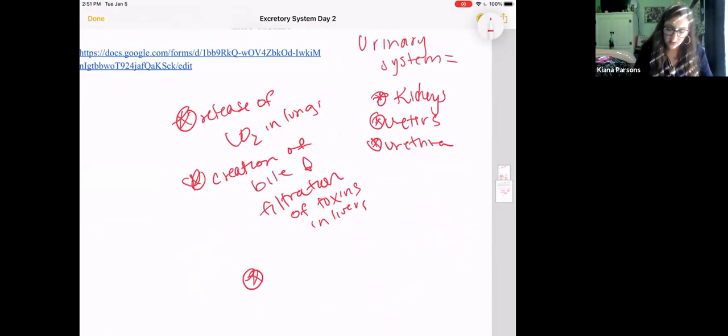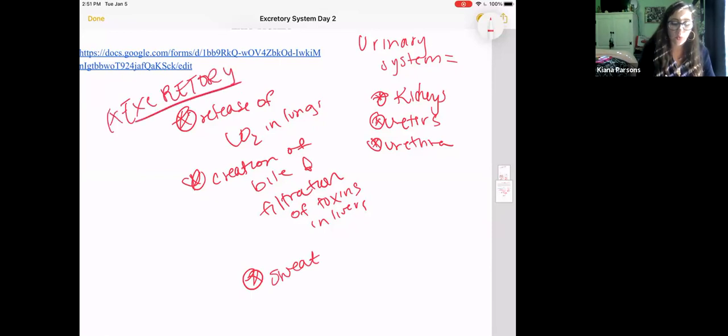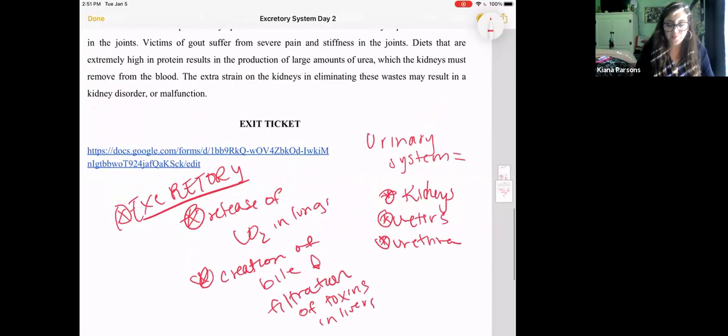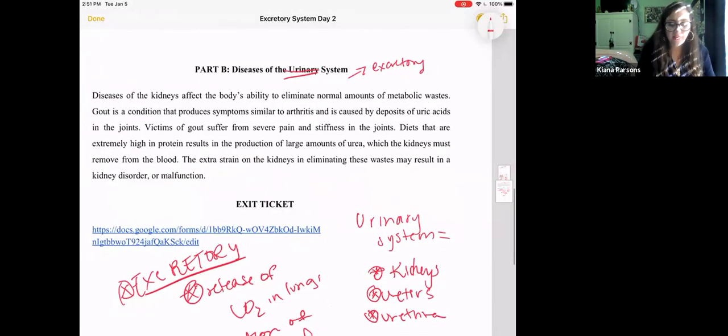And one other thing, forgive me. Oh yes, sweat. But that's not the urinary system, but these are still inclusive of the excretory system, because again, the excretory system is releasing wastes. So, diseases of the kidneys affect the body's ability to eliminate normal amounts of metabolic waste.